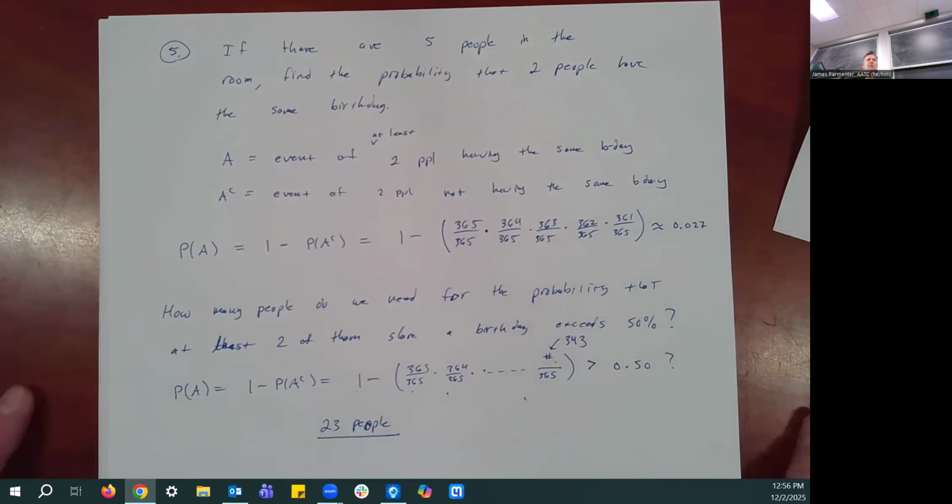So it's kind of interesting, right? Because oftentimes when you ask this question, people think you need a lot more people than 23 to have a 50-50 chance of two of them having the same birthday, but it's actually quite a bit less.